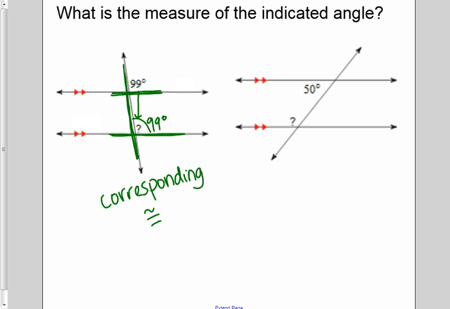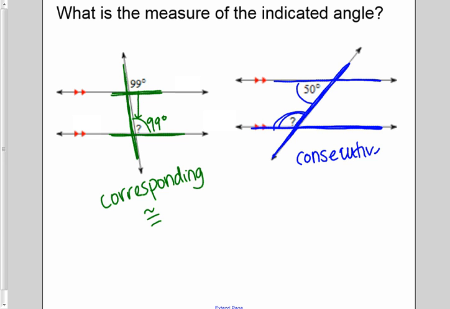On the other side here, we can also remember, because we're going to be using these properties for our parallelogram, right? So a parallelogram has parallel lines as well, which is why we're reviewing this to make sure we remember what parallel lines help us determine. So if I know that this angle here is 50 degrees and I'm trying to find this angle right here, these are called consecutive interior angles, and consecutive interior angles are supplementary.